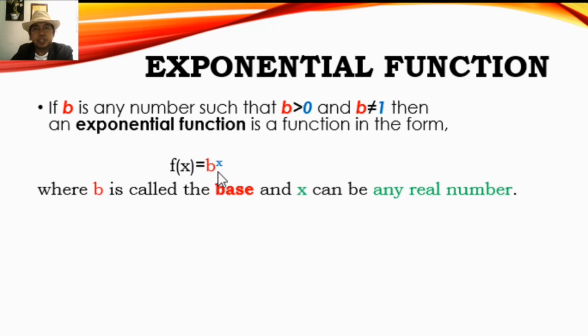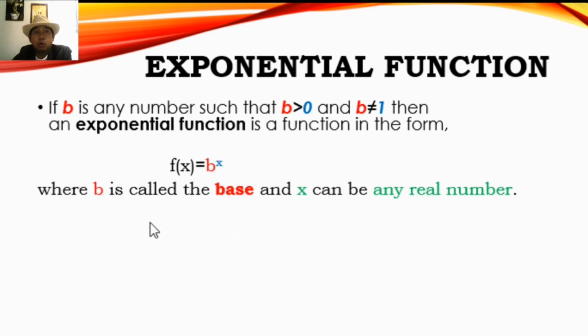Now what about the exponent? Our exponent is the variable x. So our focus in here is the variable x. Now your x would be any real number. What is the domain of the exponential function? Any real number. So we are talking of the domain, and that is the same as saying, what are the possible values of x?